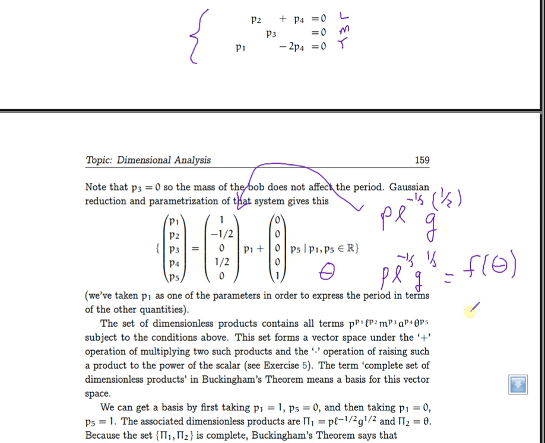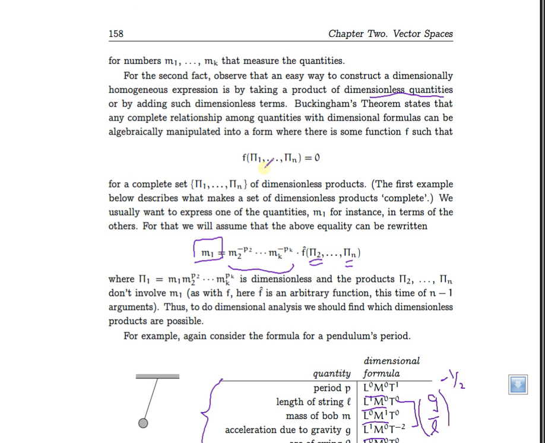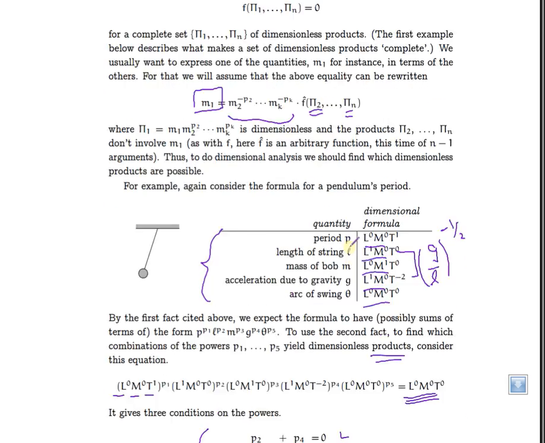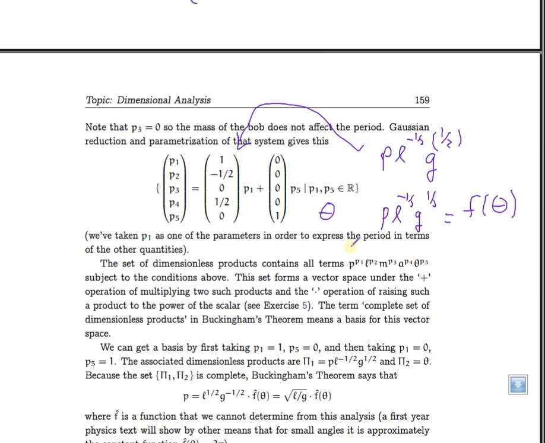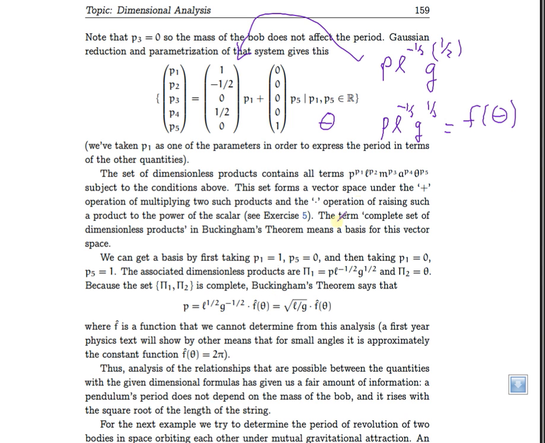This is in keeping with the statement up here. Now I have a dimensionless quantity. I put these together to get the dimensionless quantity pi 1, and that should be some function of the other dimensionless quantities. And he's just converted that to the form down here.